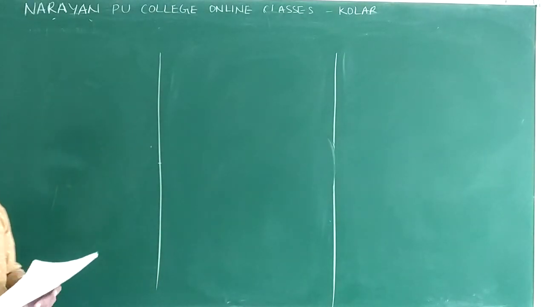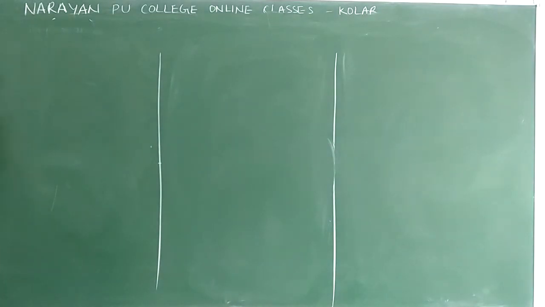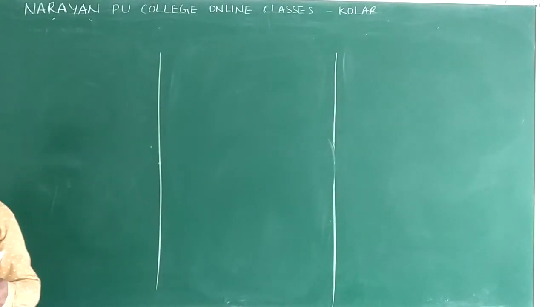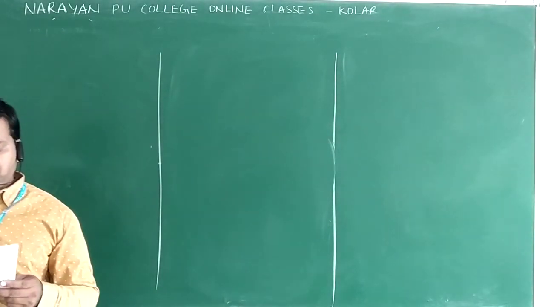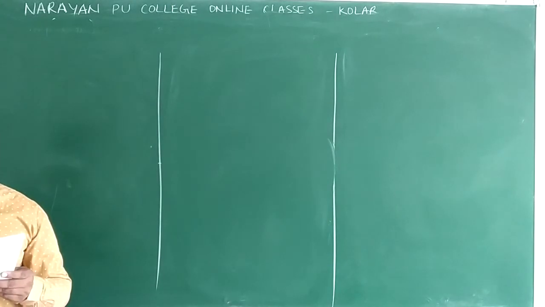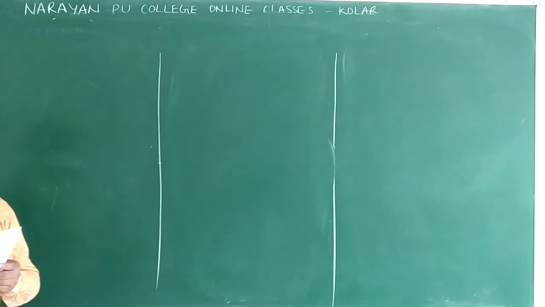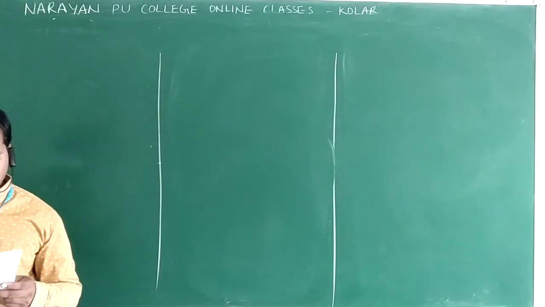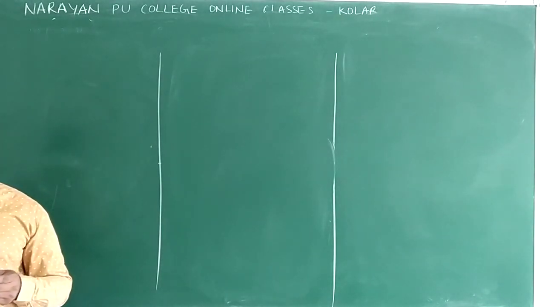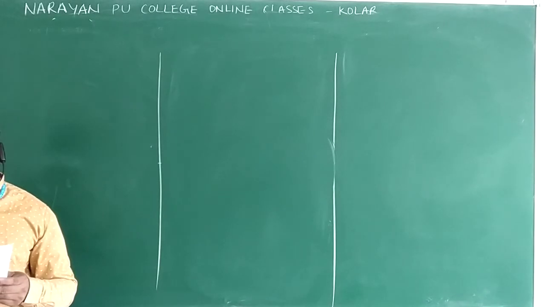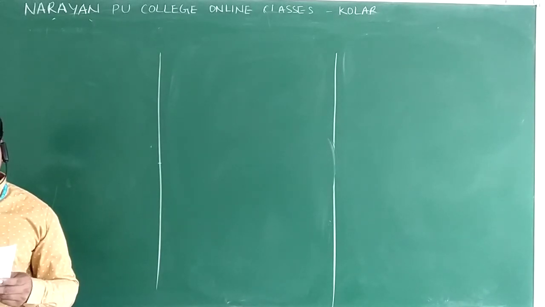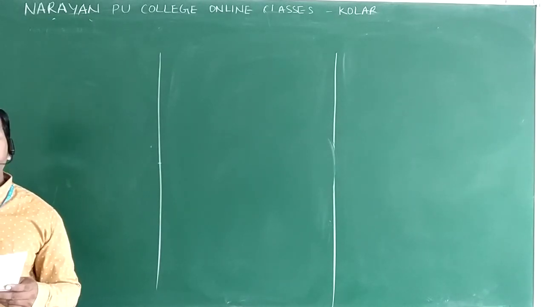Now we can see question number 40. In an ideal solution, two non-volatile liquids having vapor pressures P1 naught and P2 naught in pure state in a 2:1 ratio are mixed in the molar ratio of 1:2. They ask the ratio of their moles in vapor phase.